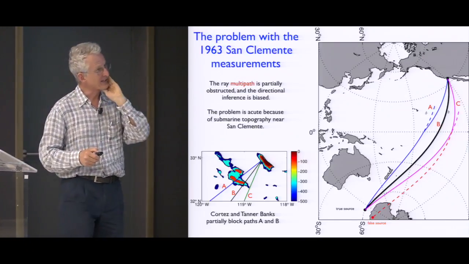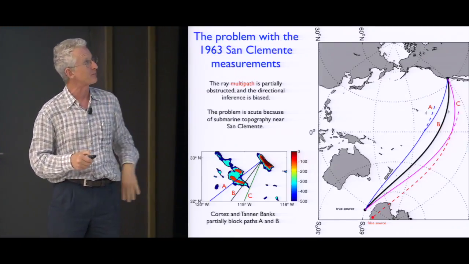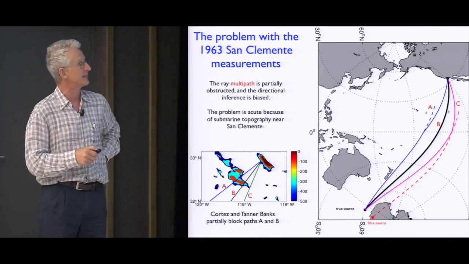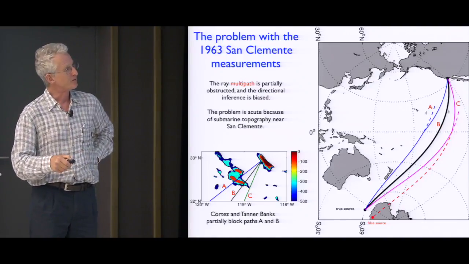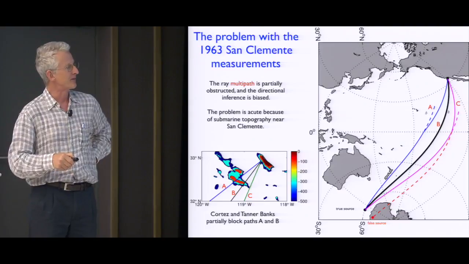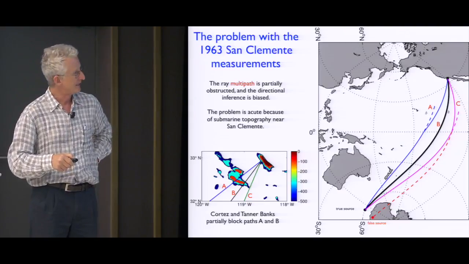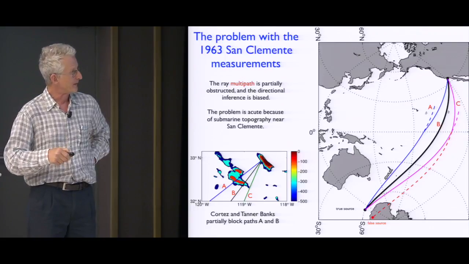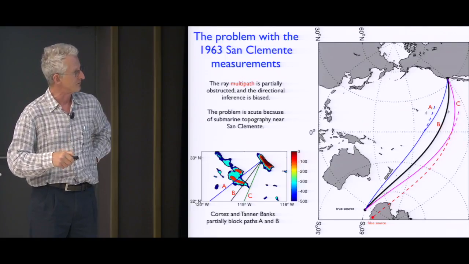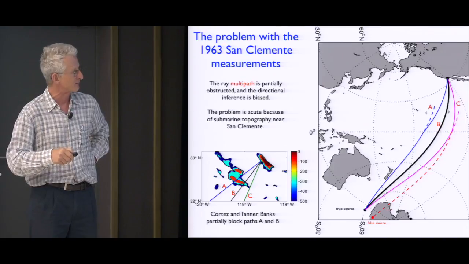So thinking of that, here's what we think was happening back in 1963. First of all, the observatory here is located in rather shallow water, okay? And there's some offshore obstruction, which is the submarine topography.